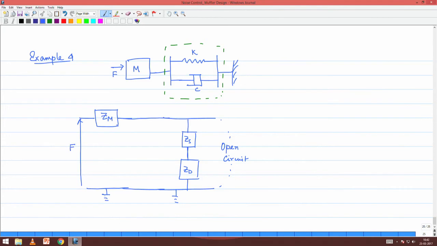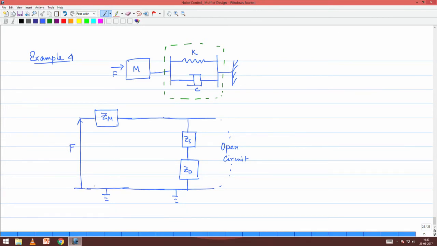So, if the force has got to be transmitted, this line can as well be joined. So, therefore, there is no potential difference basically between the output of the mass port and the input of the combination port, right. And finally, if this mass is getting to see a force F, that can be accounted for by saying that there is a force, there is a voltage with respect to the ground.